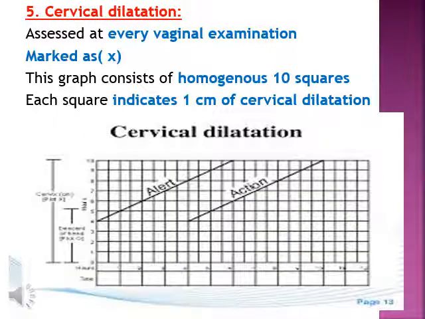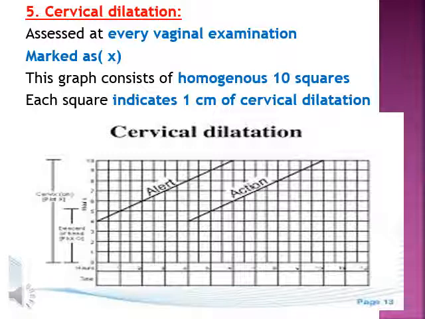Cervical dilatation is assessed by doing a per vaginal examination, and it is marked as X on the graph. This graph consists of 10 squares and each square indicates 1 centimeter of cervical dilatation. From top to bottom, a total of 10 squares are there.